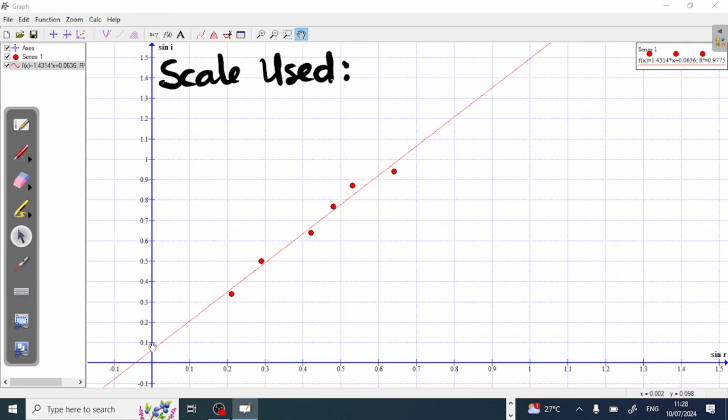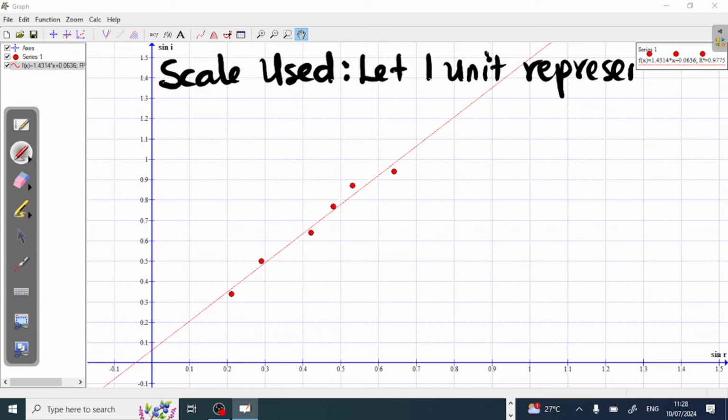From the origin to this point is called 1 unit. Okay, so I'll say let 1 unit represent what?